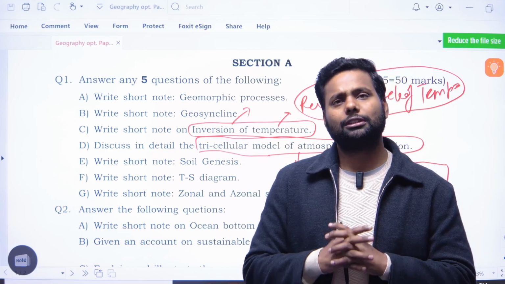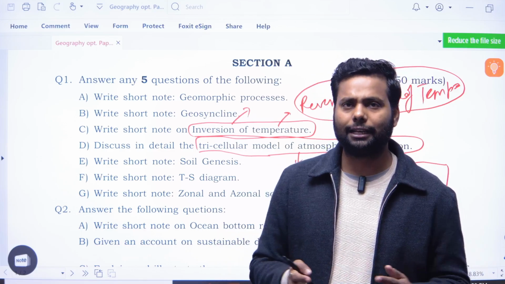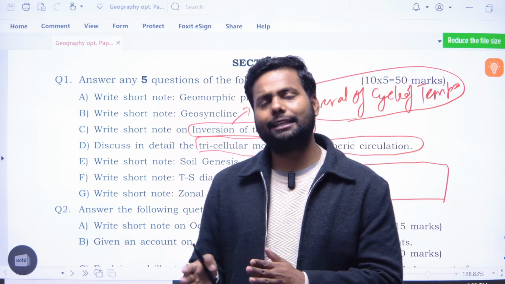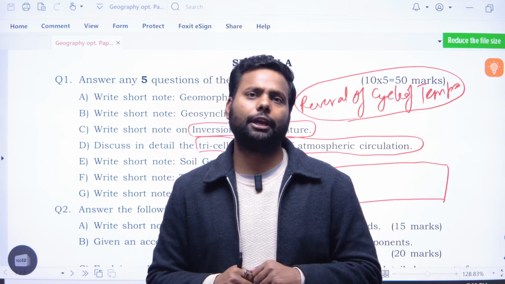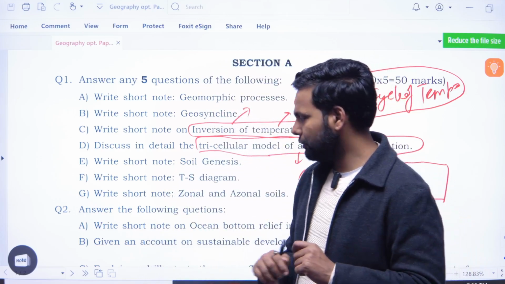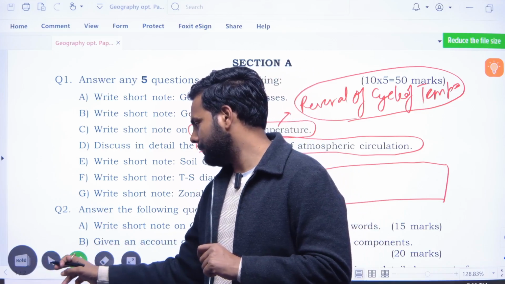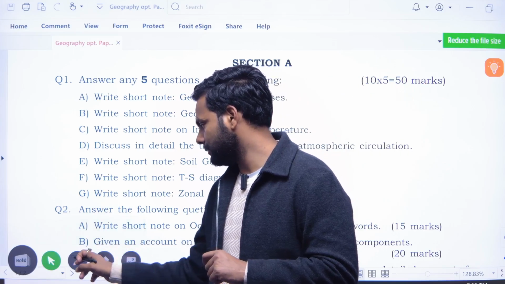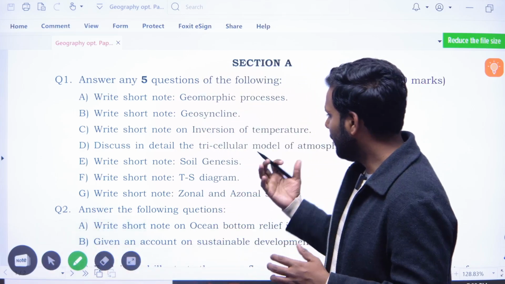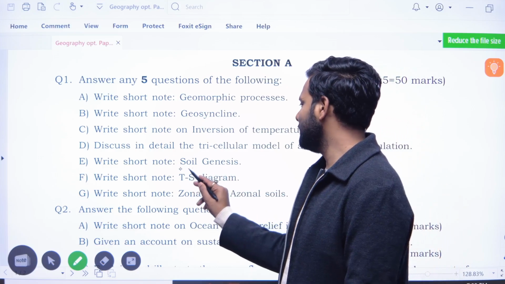You have to simply explain all the cells, from the Hadley cell to the Ferrel cell to the polar cell. I hope that gives you another deep insight into what you have to write in this question.